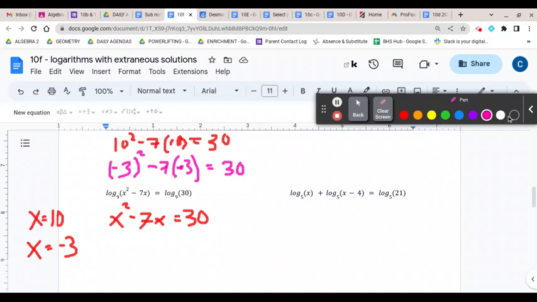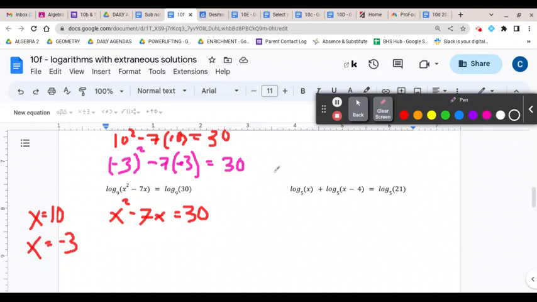All right, the last one. Here we have log base 5 of x plus log base 5 of x minus 4 equals log base 5 of 21. All right. Now, when we're adding these two logs, which we are here, again, our logarithmic rules that we talked about, we're going to put these back together and multiply.